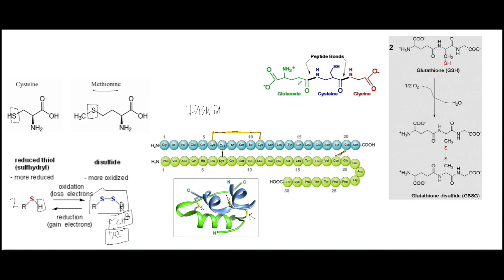Another place where you see those disulfide bonds are in glutathione, which, once again, if you are into health type things, you may have heard of this molecule. It's an antioxidant. It's sort of our natural antioxidant molecule.